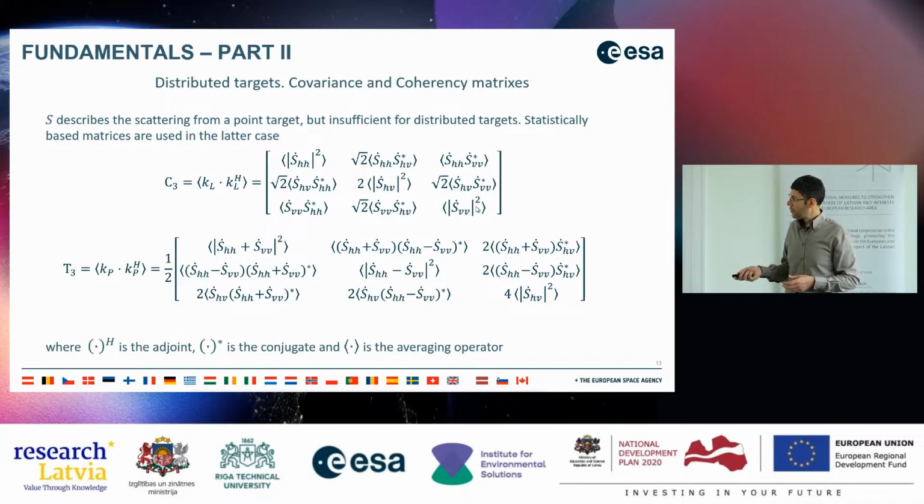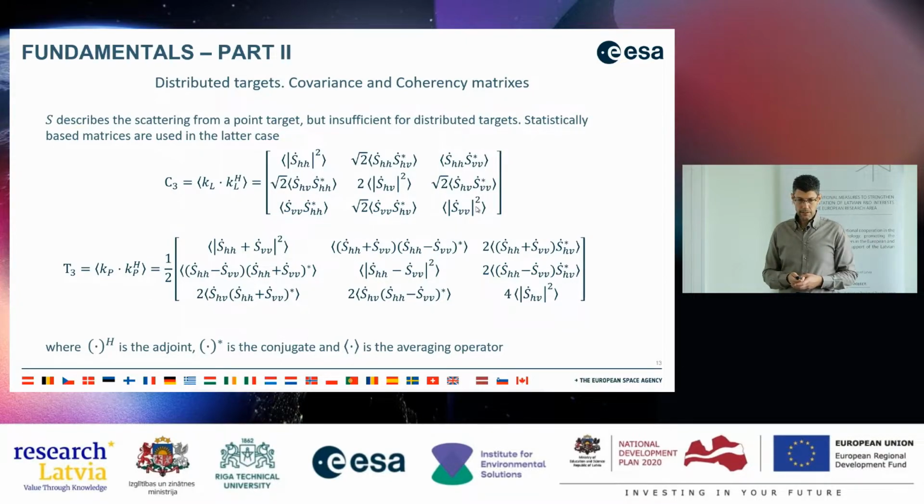And here you see what the operators are doing. So the asterisk means conjugate, so the complex value is opposite in phase. And curly brackets mean averaging. So when you want to study distributed target, you need to average around a pixel to get a second order statistics.